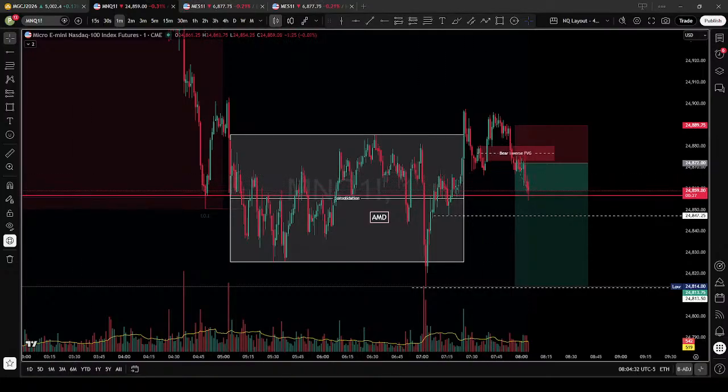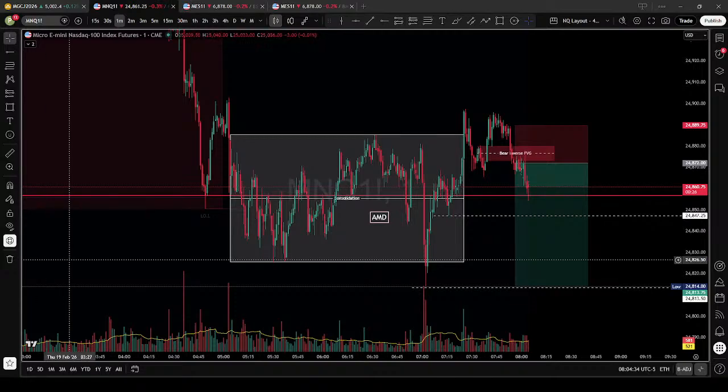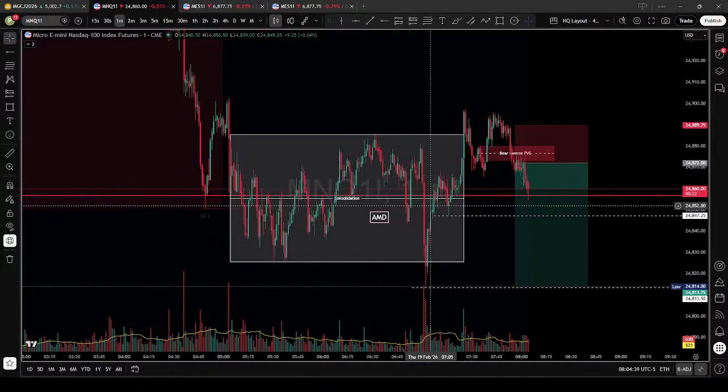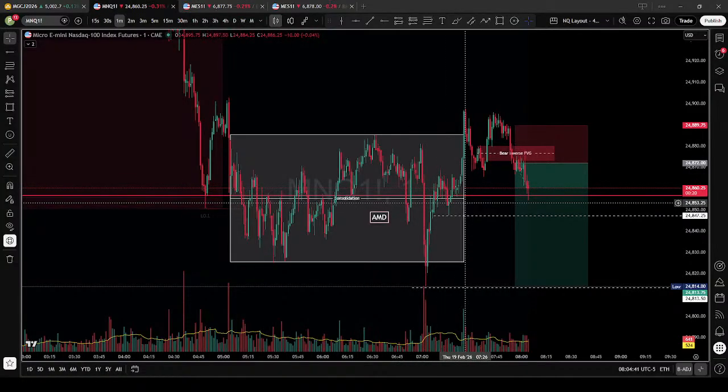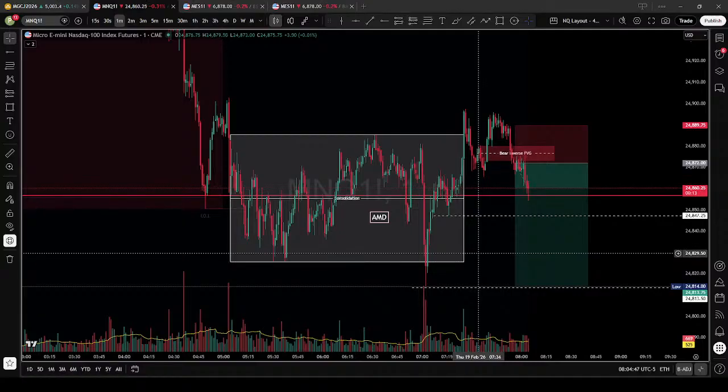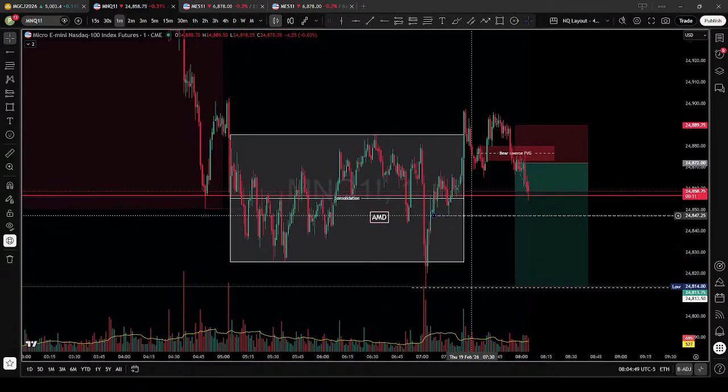No more loss in this trade. Not booking profit here, no partial exits as of now. I'll be taking partial exits at 24,847, which is here.